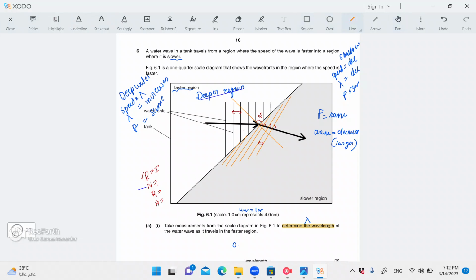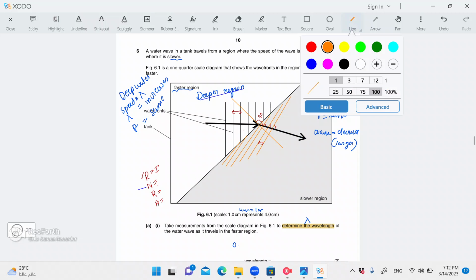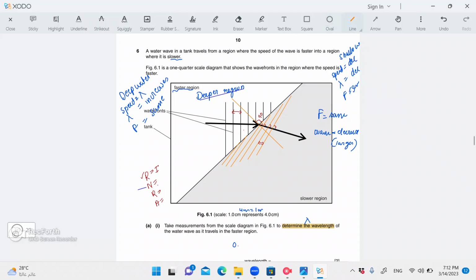So again I am repeating, when it is moving from deep to shallow, the refracted ray will be closer to the normal ray. This is the normal ray.